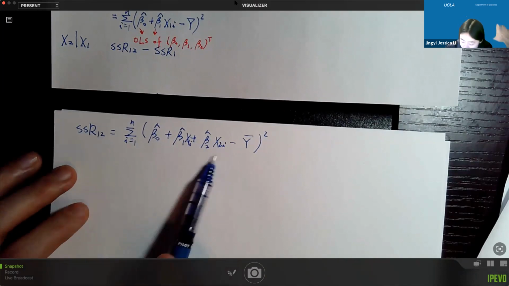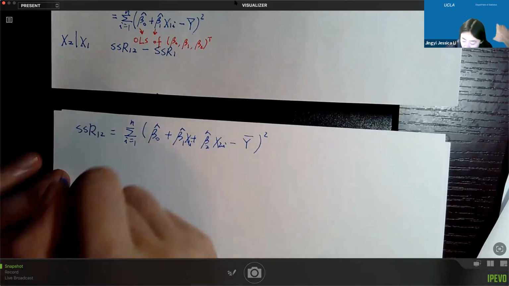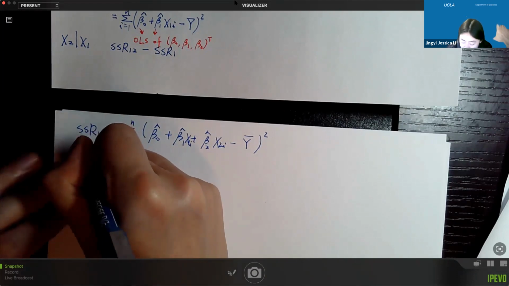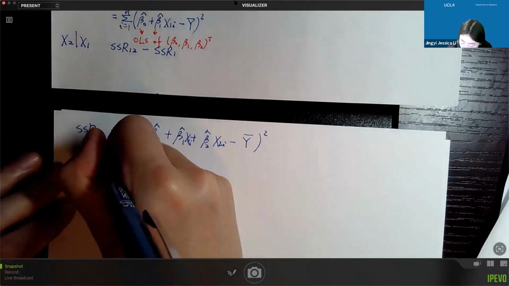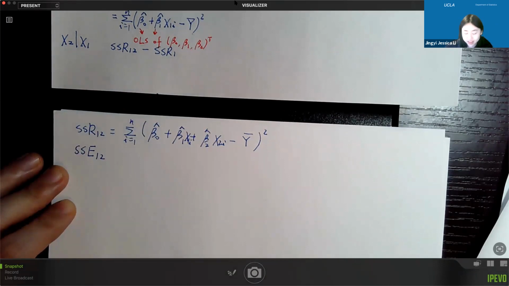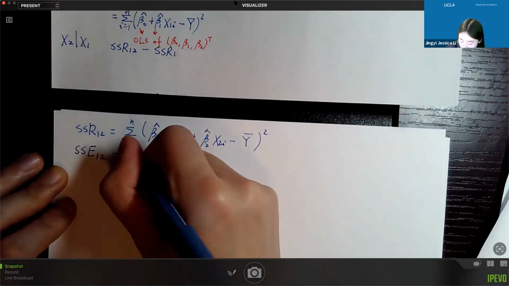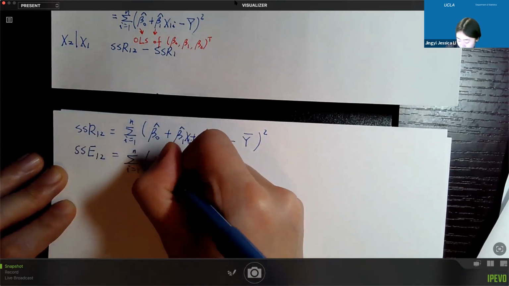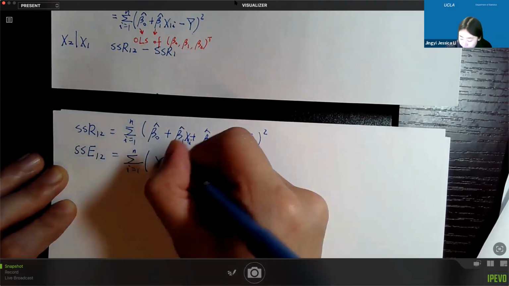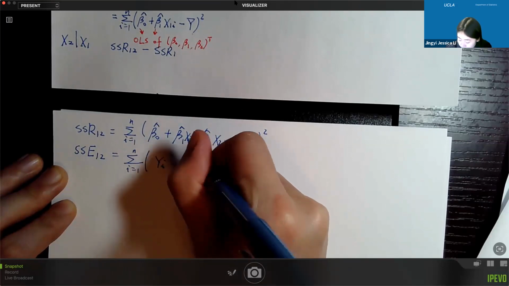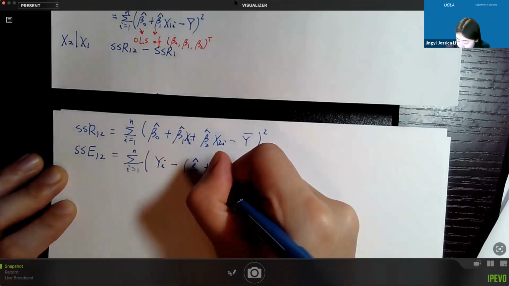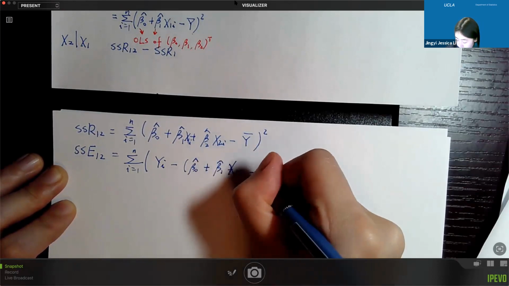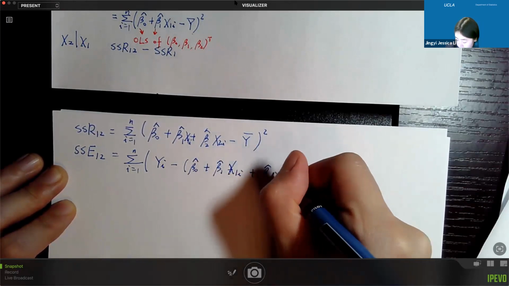Okay, and one more thing to say is that there's an interesting relationship if we define SSE12. That is, I just take the squared difference between the original response and the fitted response, with beta 0 hat plus beta 1 hat x1i plus beta 2 hat x2i.